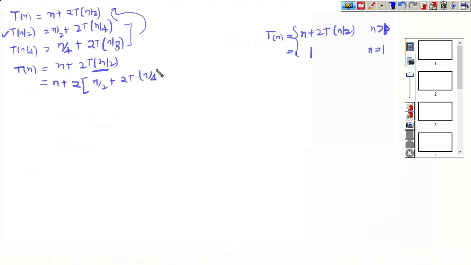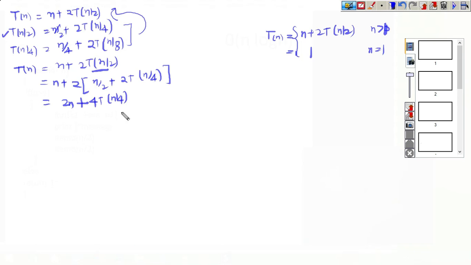This is going to give us 2n, when you expand, this is going to cancel. We will get 2n + 4T(n/4).